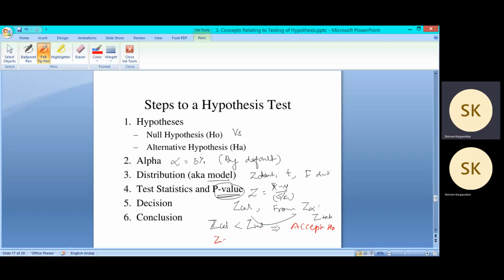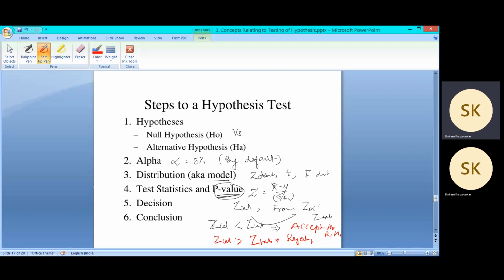And when the calculated value is greater than the table value, you reject H naught. Accepting H naught means rejecting H1. Similarly, rejecting H0 means accepting H1. So this is the entire process.